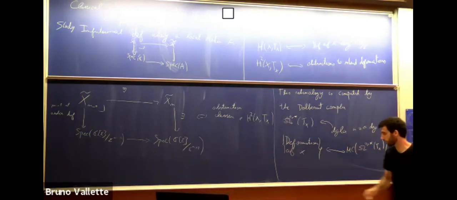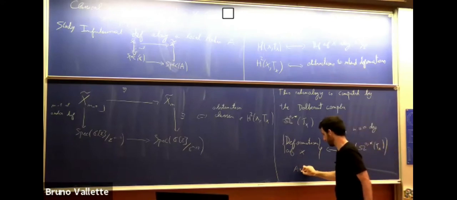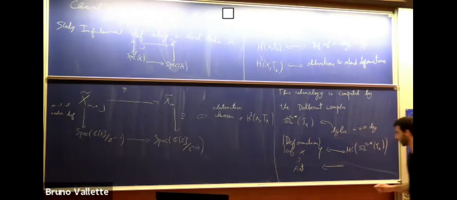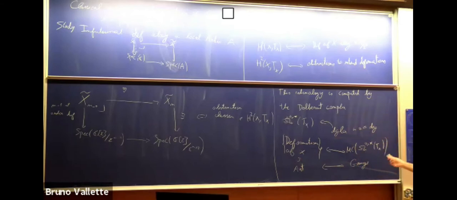And under this correspondence, automorphisms here are in correspondence with the actions of the gauge group. So the gauge group is the algebra as we've seen all this time. And yeah, so essentially all obstructions are encoded by this DGLA.